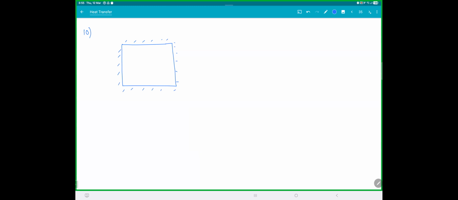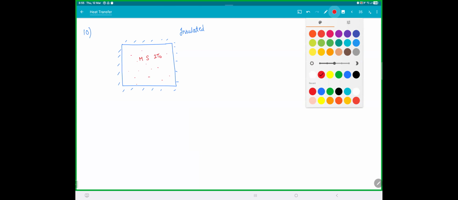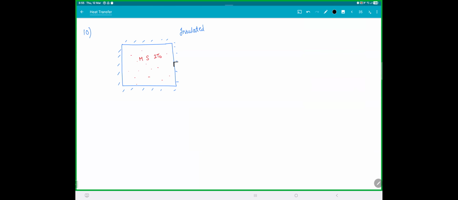So we have a container, insulated. It is filled with liquid of mass m, specific heat S, and temperature 2 T naught. Now what you did, you connected a rod here.